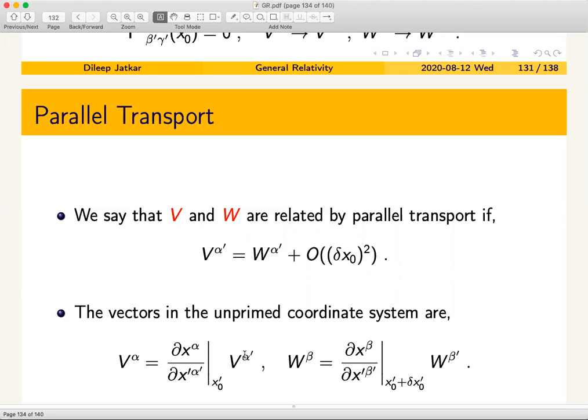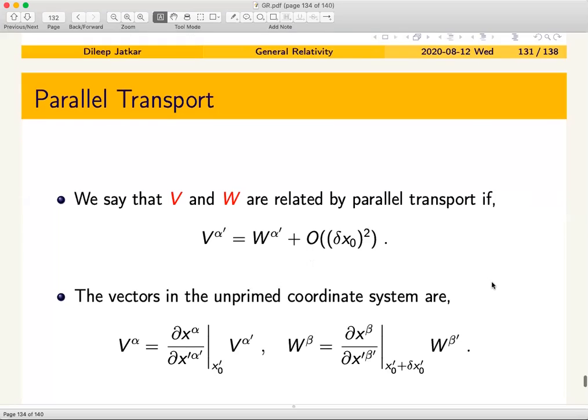So del x alpha by del x prime alpha prime is defined globally for a global coordinate change, but what matters to us is only its value at the particular point at which the vectors are defined. Similarly for w, but now it is not defined at x naught prime, but at x naught prime plus delta x naught prime. So that is the relation between the vectors defined in the unprimed coordinate system and vectors defined in the primed coordinate system.